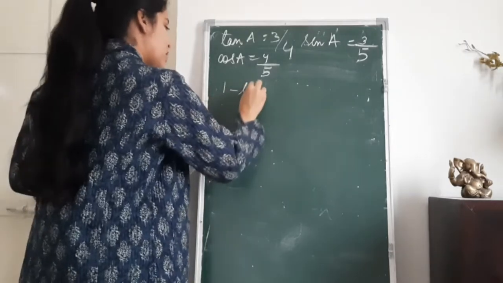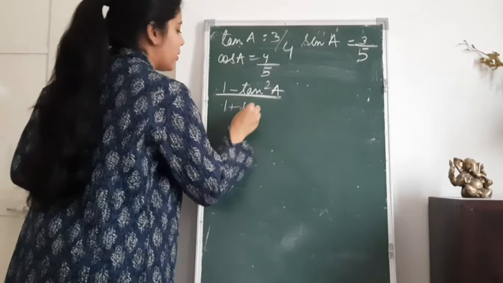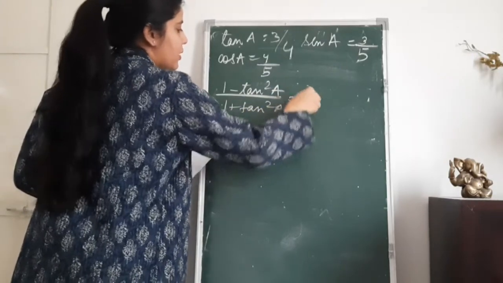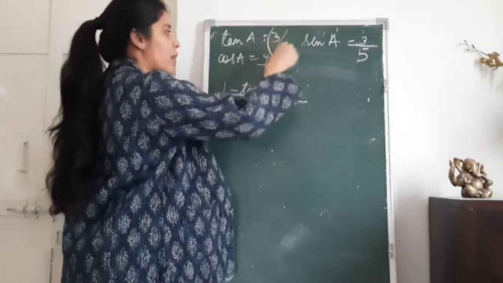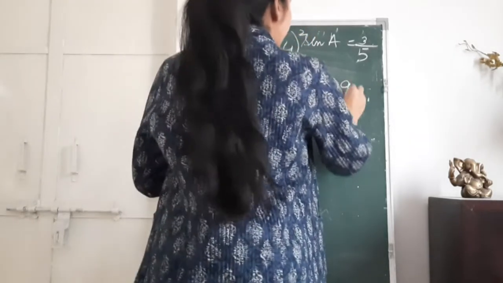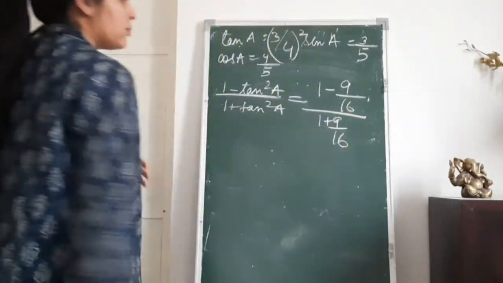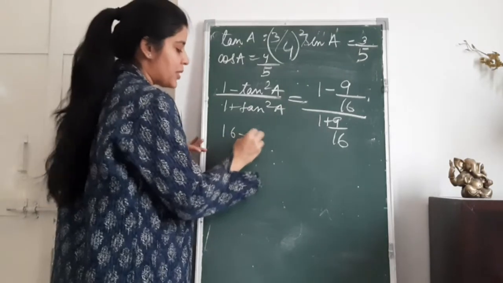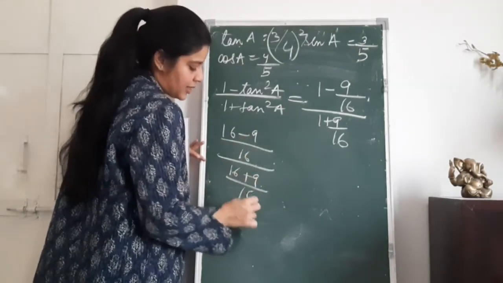1 minus tan square A upon 1 plus tan square A will be equal to what? Let's try to find that first. If tan A is equal to 3 by 4, can I say tan square A will be the square of this? That is 1 minus 9 upon 16 upon 1 plus 9 upon 16. Right? That gives me 16 minus 9 upon 16 upon 16 plus 9 upon 16.